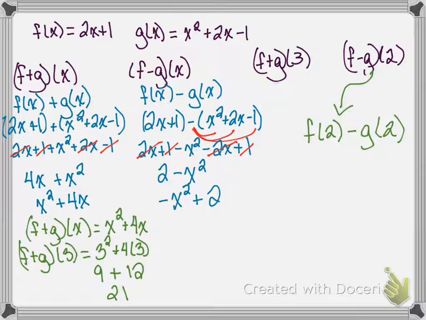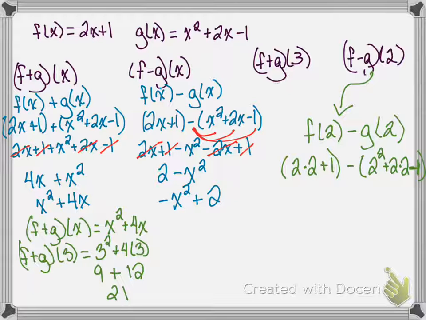So I'm going to plug 2 in for f of x. So I have 2 times 2 plus 1. Then for g, I've got 2 squared plus 2 times 2 minus 1. I was so worried about not running off the screen that I did the problem wrong. Now I'm going to solve all of f and all of g.